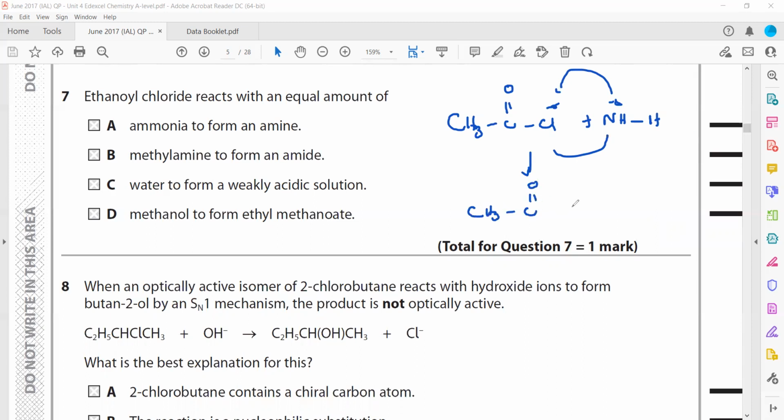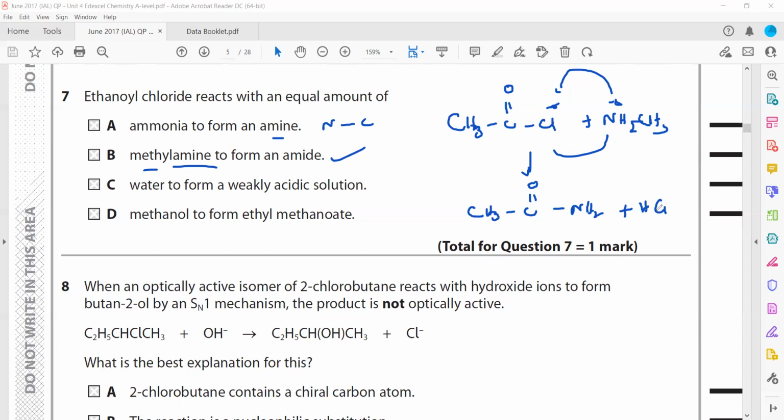C double bonded with O and NH2 will be there. So it will not form an amine. Amine means carbon and nitrogen group should be there. This is an amide, C double bonded with O. Same thing with methylamine, when it mixes with methylamine, it will form an amide. That is true. Because if it was methylamine, N-methylamide is there.